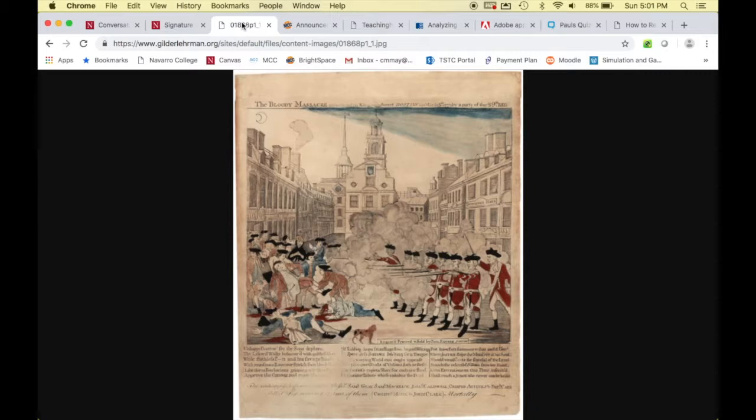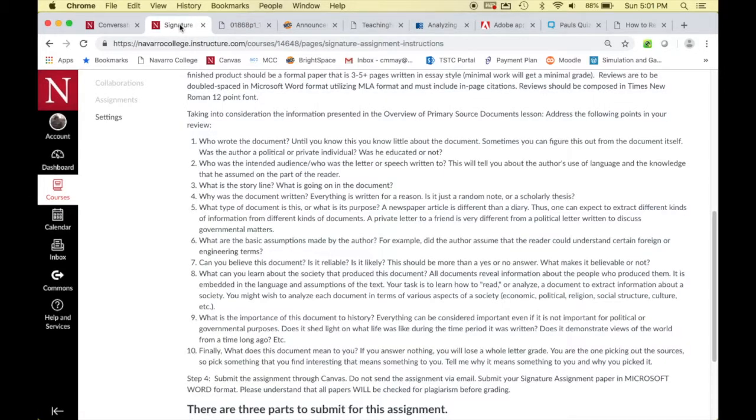And he was definitely on the side of the patriots in the Revolution. When we think about Paul Revere, that can tell us something about him. He's definitely a political individual in this case, and that print is not intended as a private thing. It was for publication.